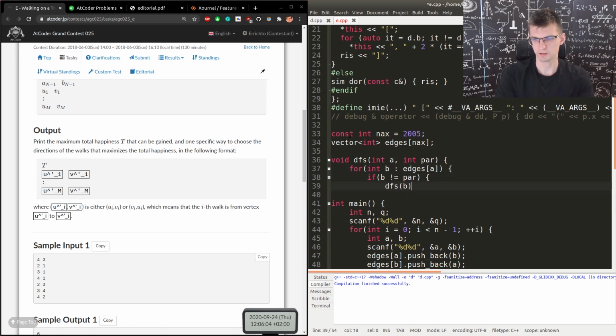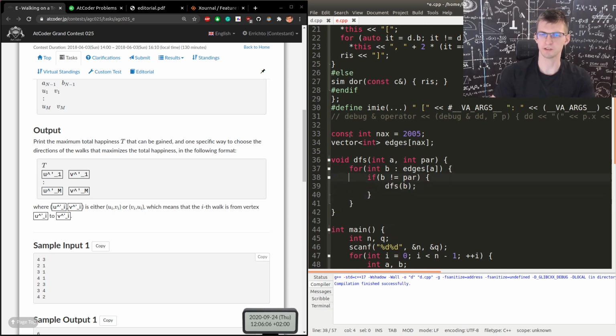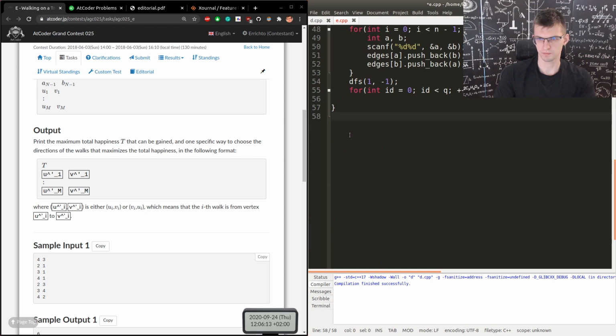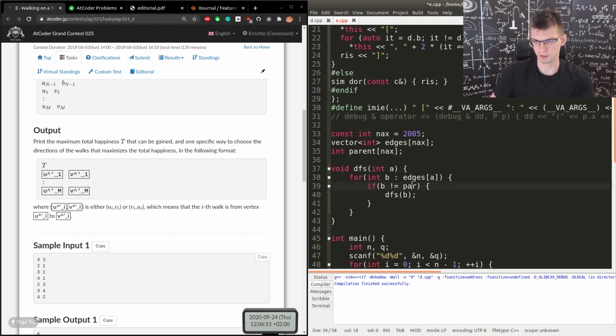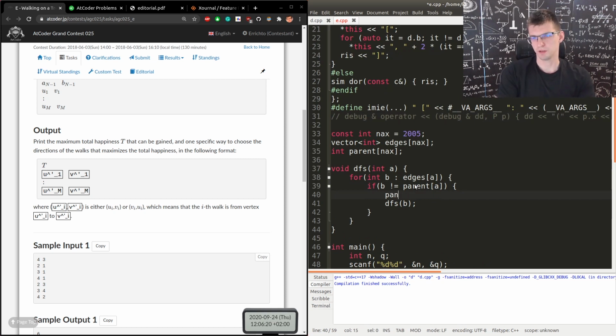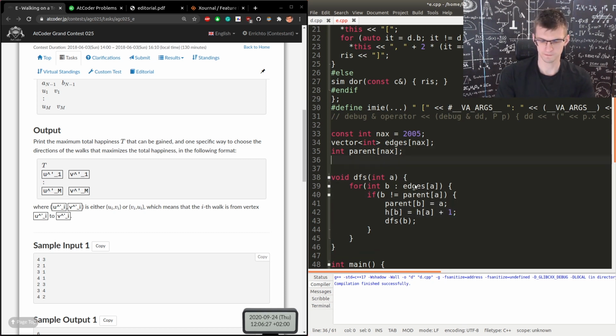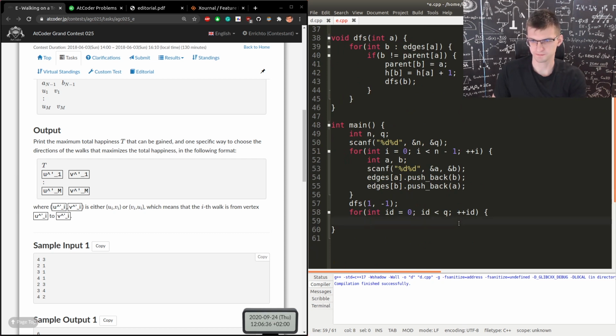DFS of B, and I will not pass parent, I will know parents. If neighbor is not my parent, parent of B is A, height of B is height of A plus 1. This is height, like distance from the root. And now it's easy to find a path between two vertices.